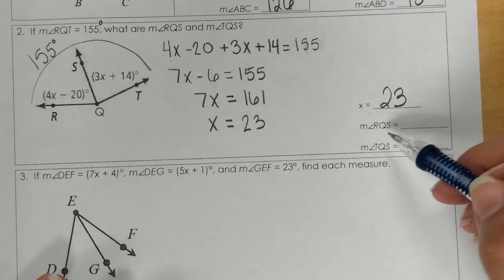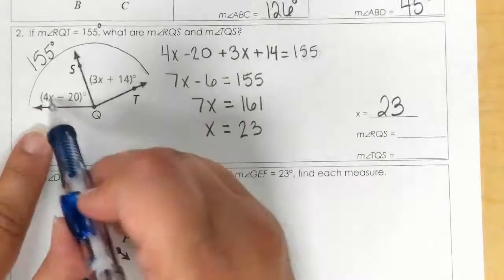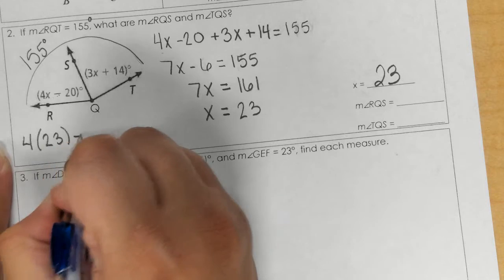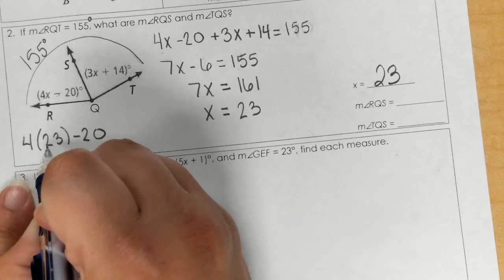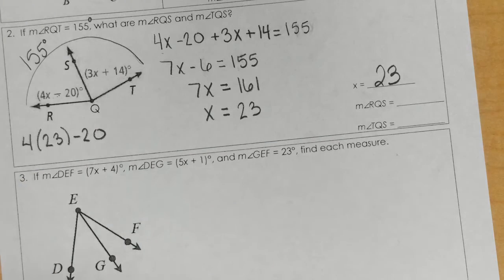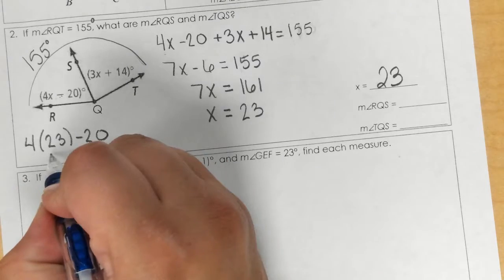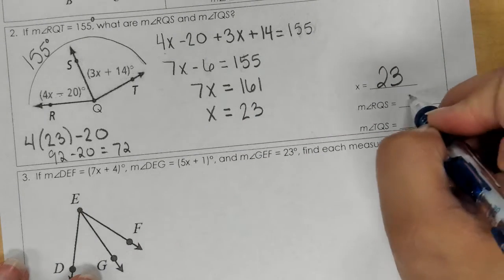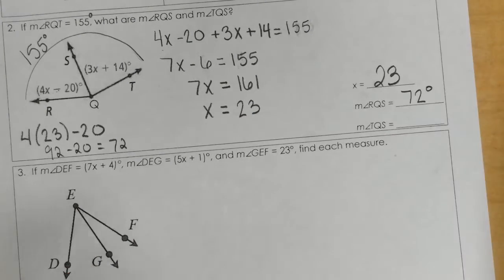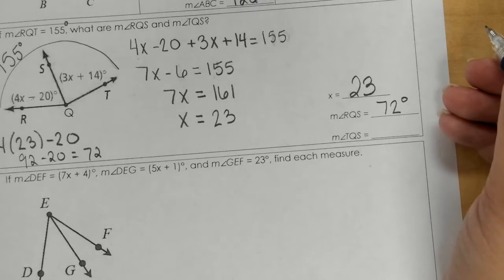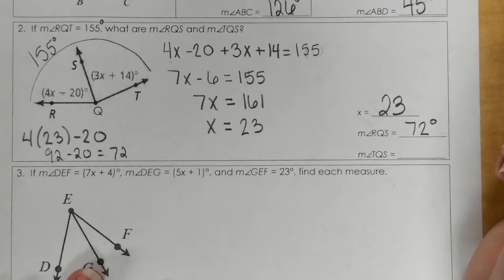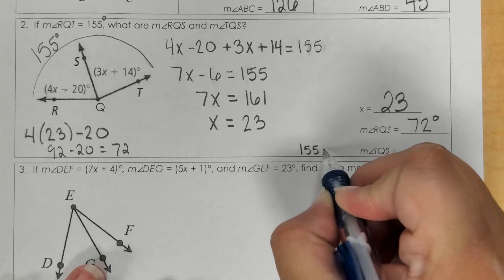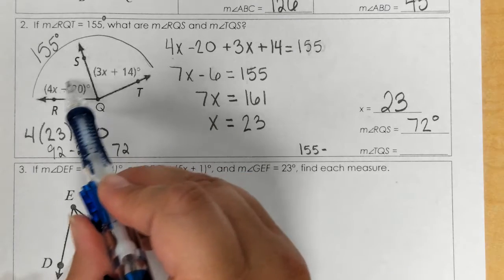Now for angle RQS, right here, I'm going to do 4 times 23 minus 20. And let's see, 4 times 23 is 92, minus 20 is 72. Okay, and then angle TQS. So we can go 2 ways of finding this. We could say, well, the whole angle, both angles together, is 155, minus this 72.